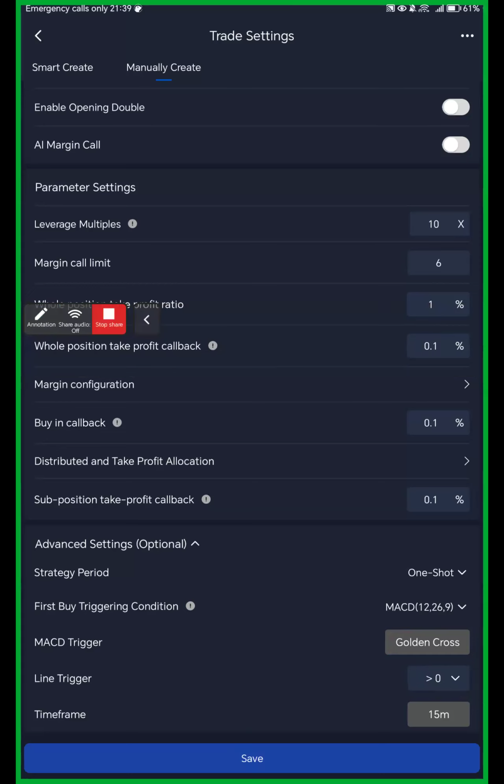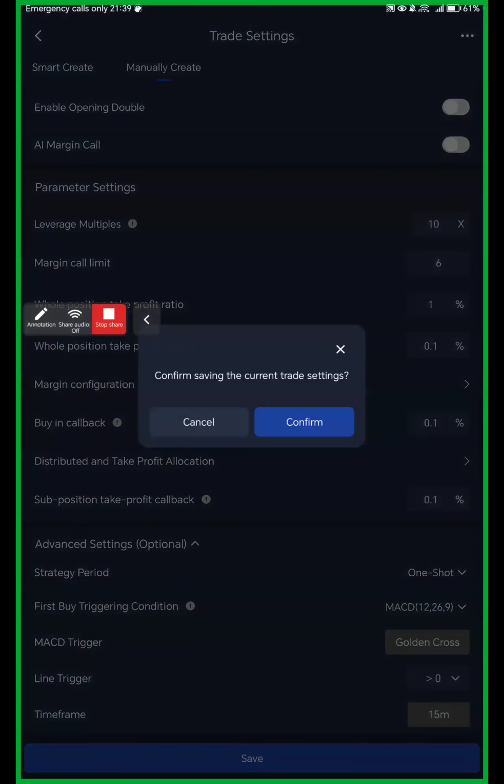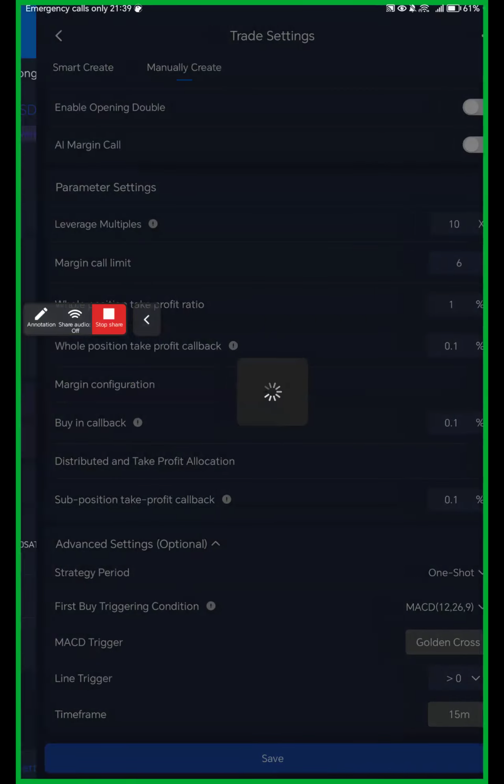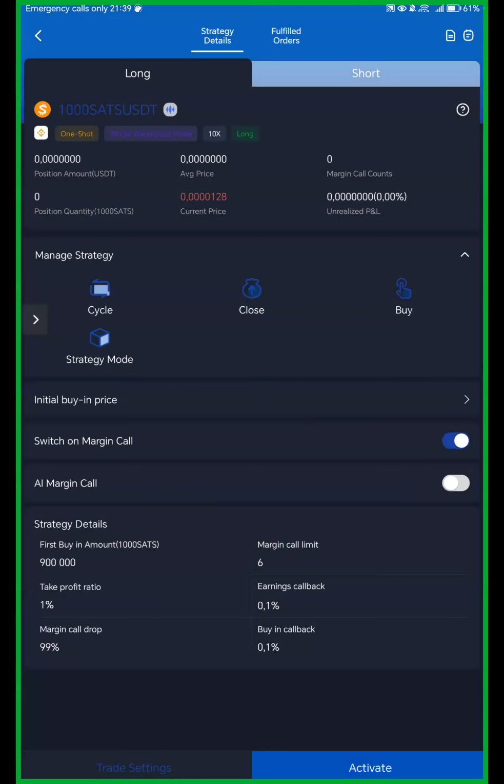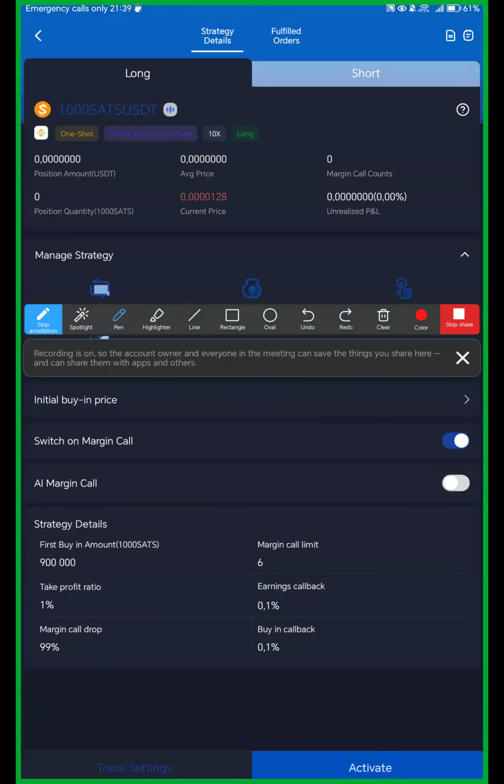Then I continue. I confirm my settings, right? Then I'll click activate. Then the robot will be monitoring if there will be any crossover of MACD, which is going to be a golden cross, then it will use that opportunity to enter for me.